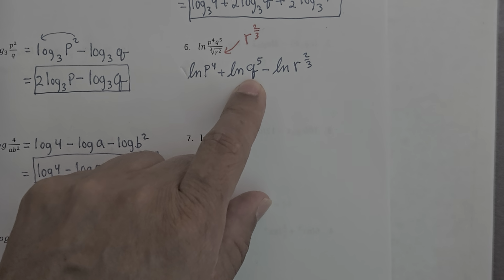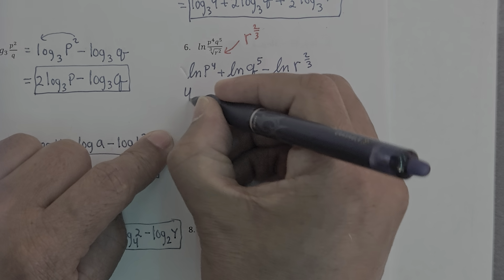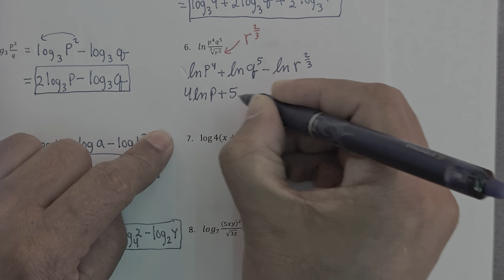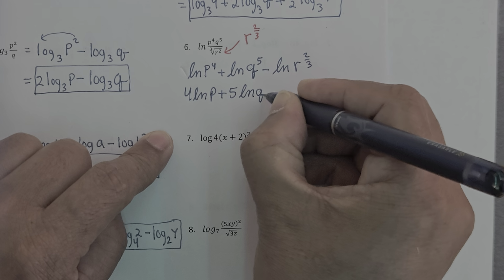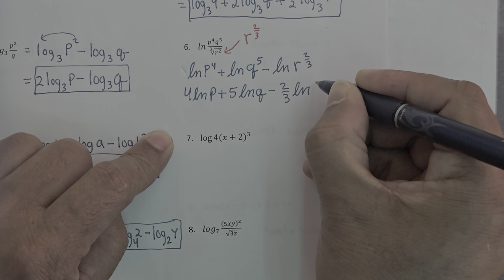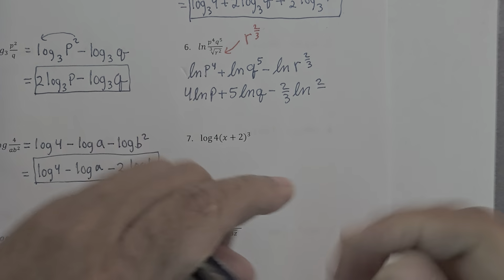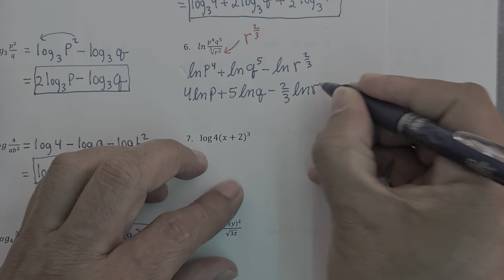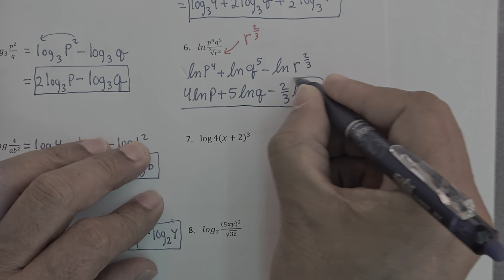Then I'm going to apply the power rule. So this becomes 4 times the natural log of P plus 5 times the natural log of Q minus 2/3 natural log of R. I was going to write 2/3 again, but this is just R. So this is the answer to that problem.